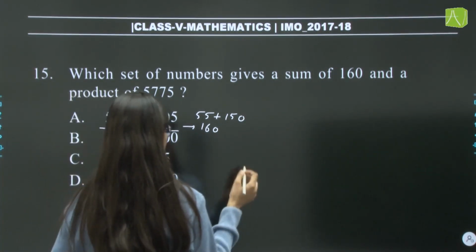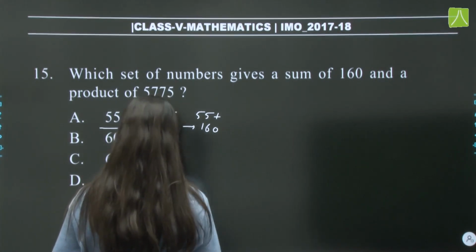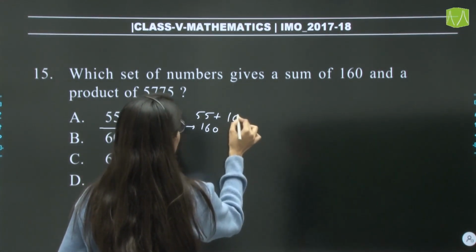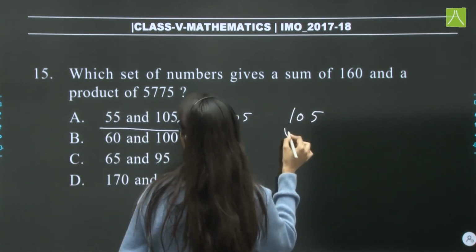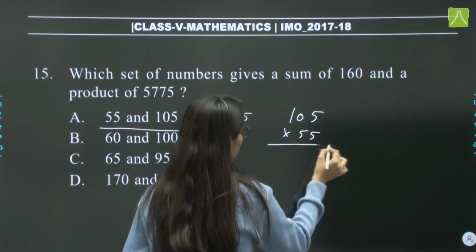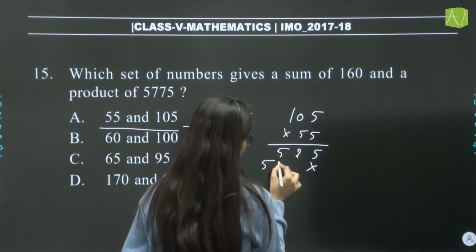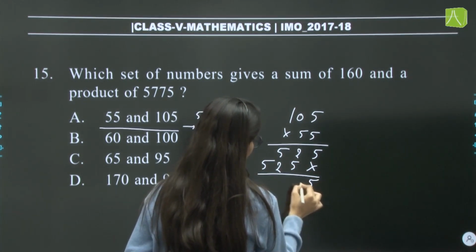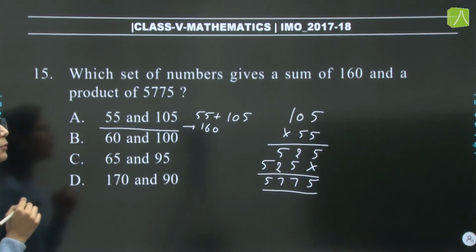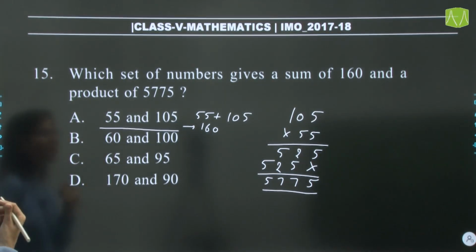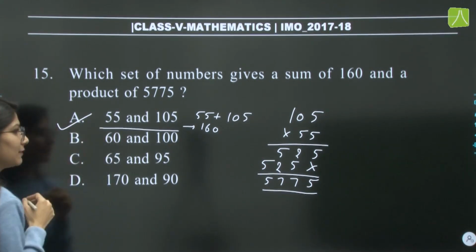So sorry, it's not 150, it's 105. Now you can find out the product of 105 and 55. Let's do multiply. And now you can see the sum is 160 and the product is 5775. So by only checking first option we can get the answer. So our answer is option A.